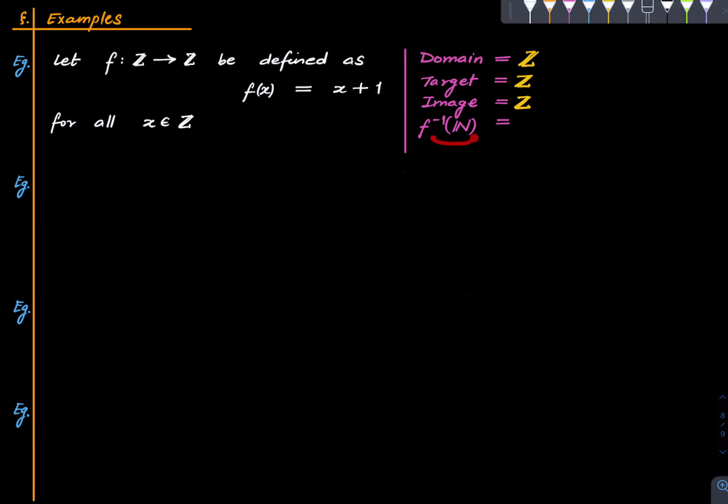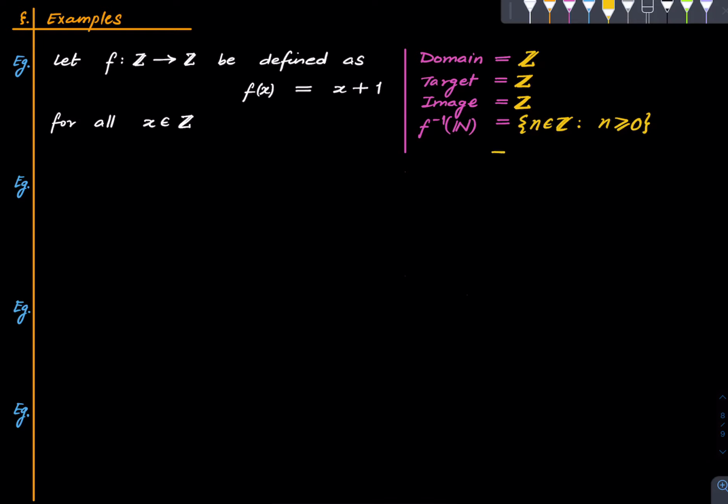And now the question is, what is the preimage of all the natural numbers under this function f? So what are the things that when you add 1, you get a natural number? And the answer is very simple. It is all the whole numbers. So it is precisely those integers which are non-negative.